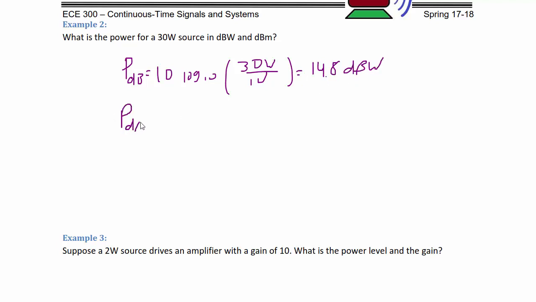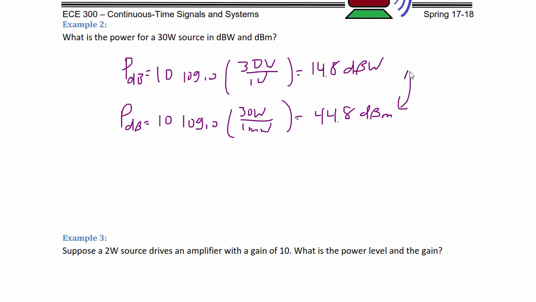Or the power in decibels would be 10 log base 10 of 30 watts divided by 1 milliwatt, which is equal to 44.8 dBm. And so what you should notice here is there is a 30 dB difference, which makes sense because that's the same as an absolute multiplication by 1,000.